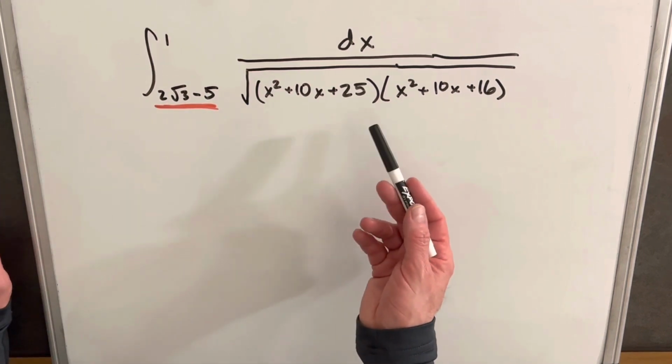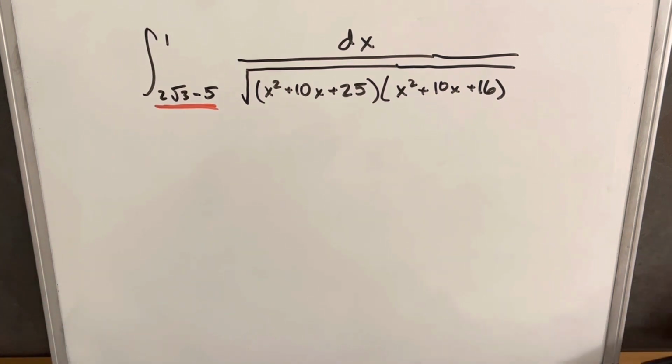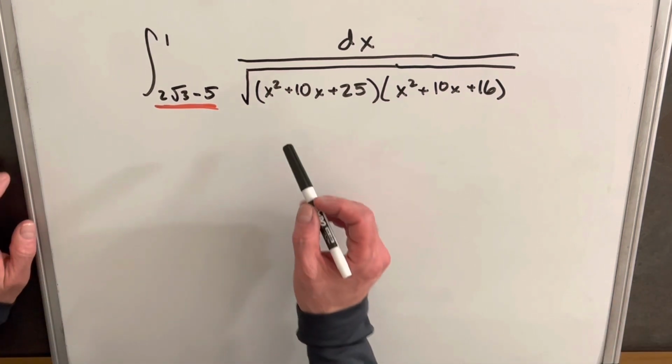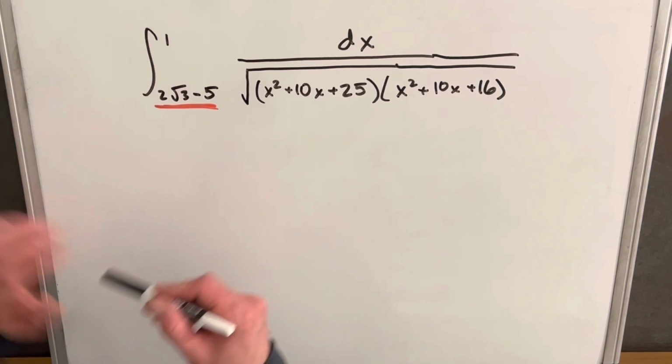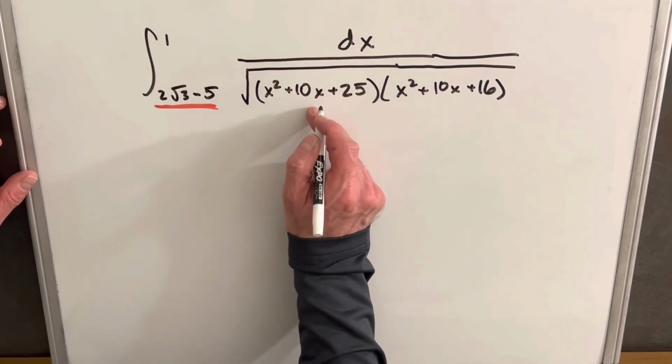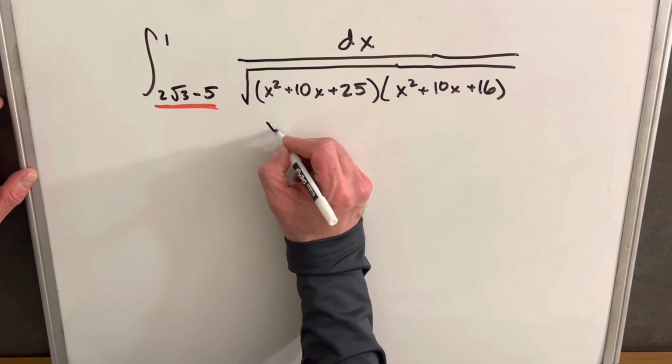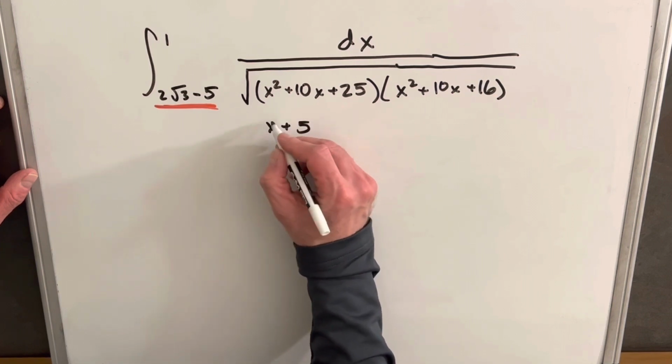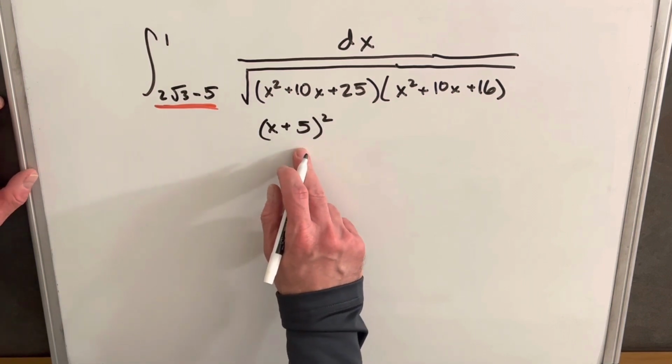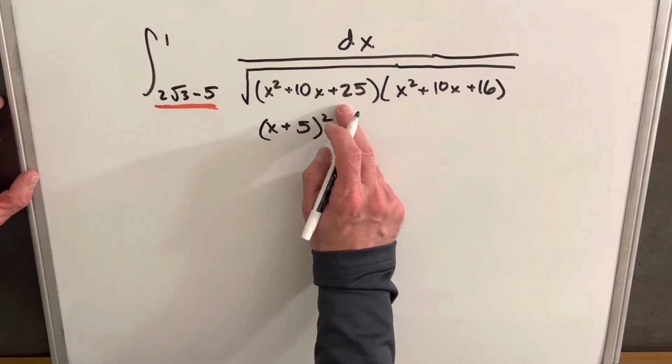And what I want to do is look into factoring this or getting this into a nicer form. The first thing I noticed is these both look factorable. This first one is a perfect square. If we multiply out x plus 5 squared, we get this exactly.